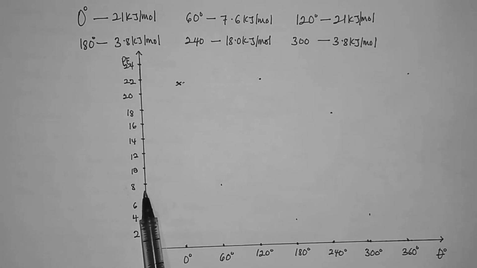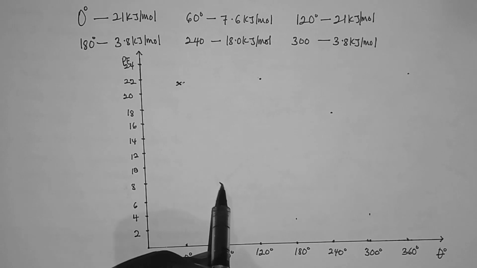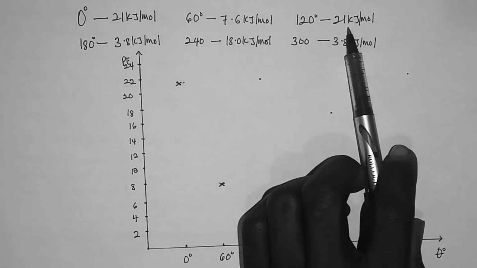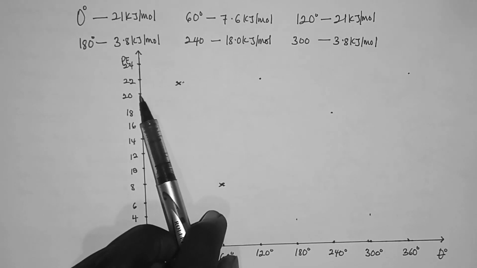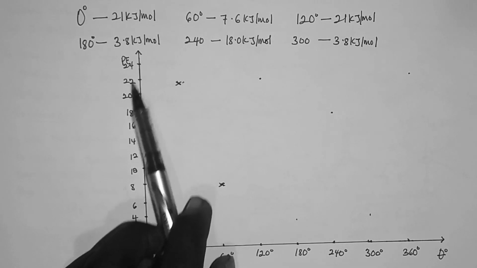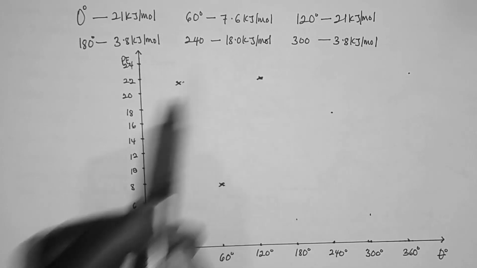So this is 6. 7 is midway. So 7.6 is near 8. So it's going to be somewhere here. And then for the 120 degrees, we have 21 kilojoules per mole. This is 20 and this is 22. So in between 20 and 22 is 21, which is somewhere here.